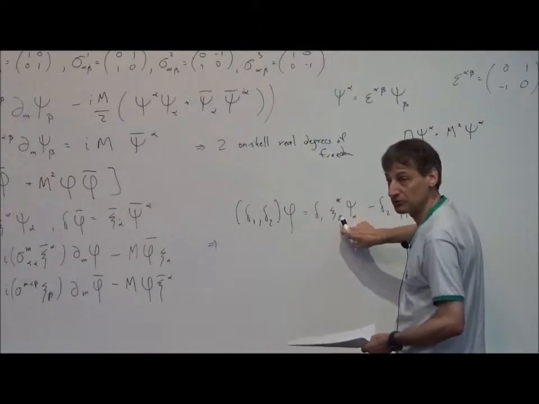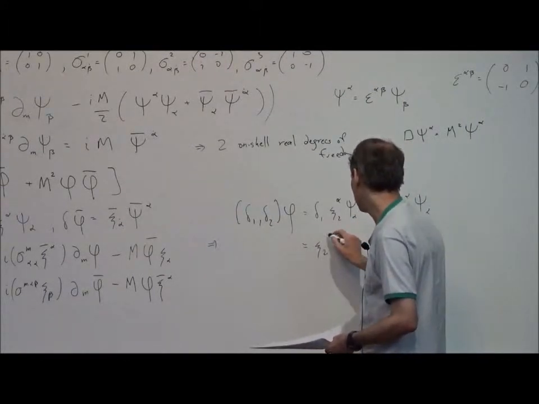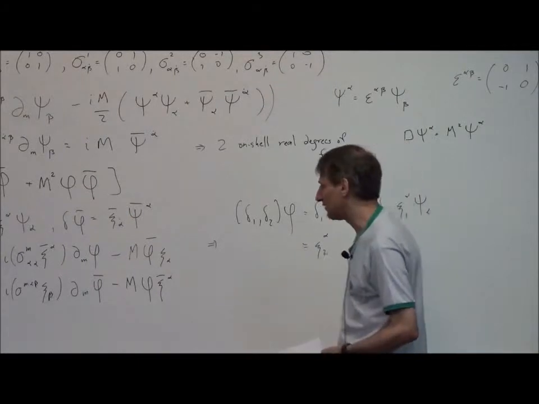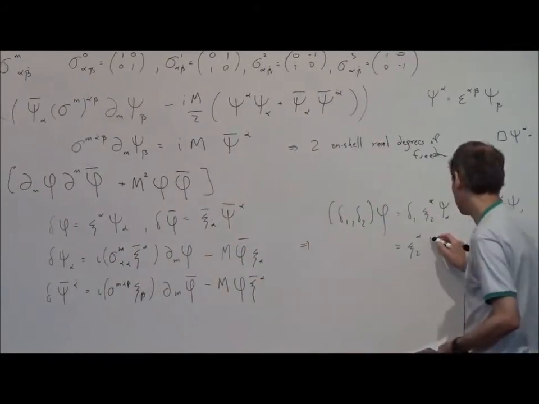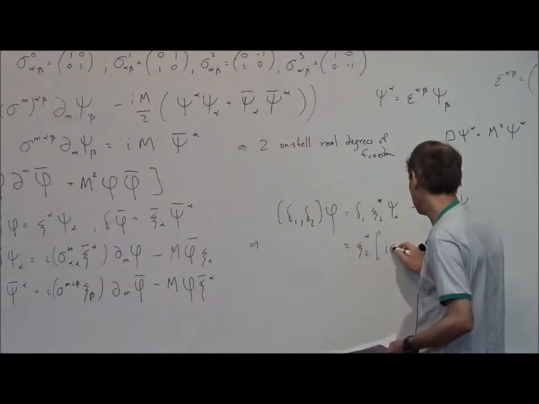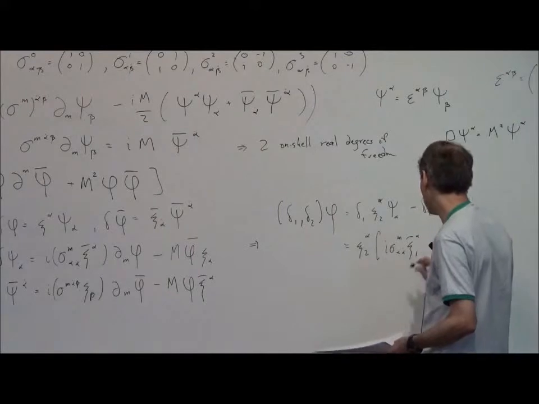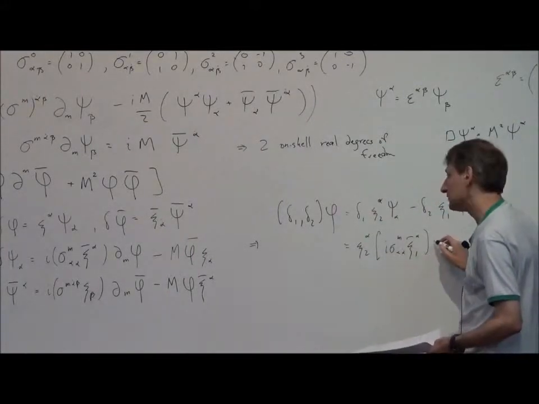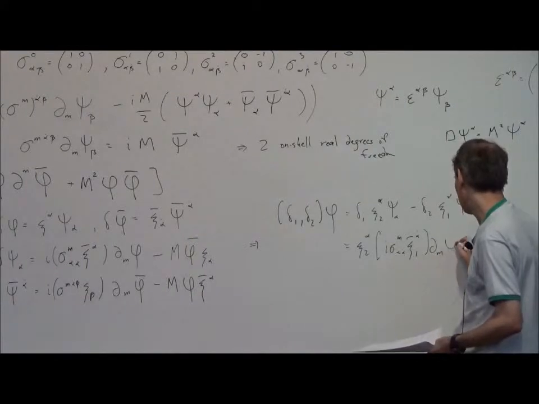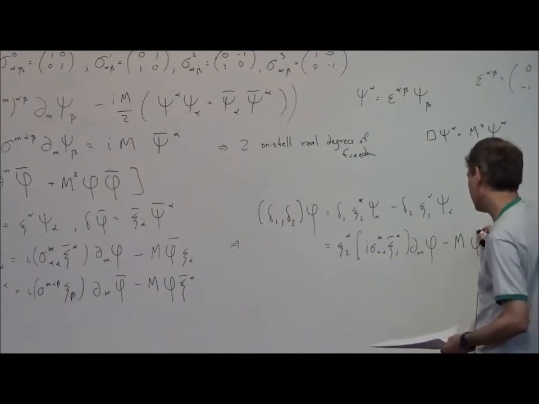So we can just commute it through. So this is equal to C2 alpha of delta 1 of psi alpha. Delta 1 of psi alpha we just get from here. This is equal to i sigma^n alpha alpha dot psi bar alpha dot, because this delta 1, times d_m phi minus m phi bar.